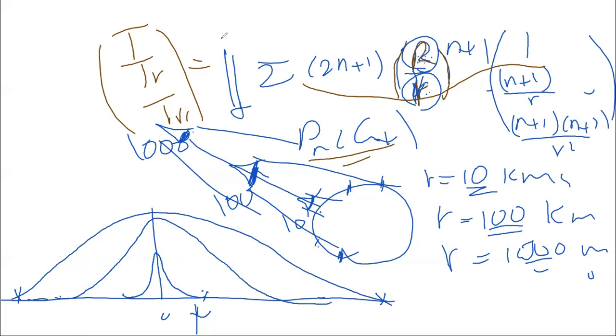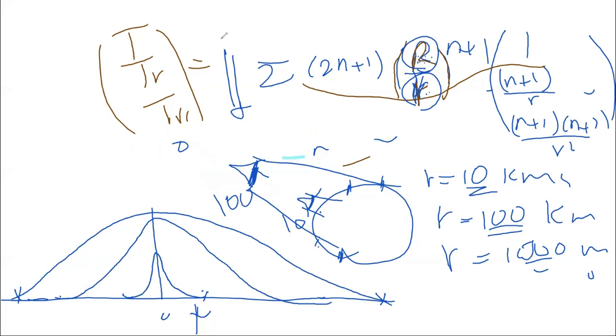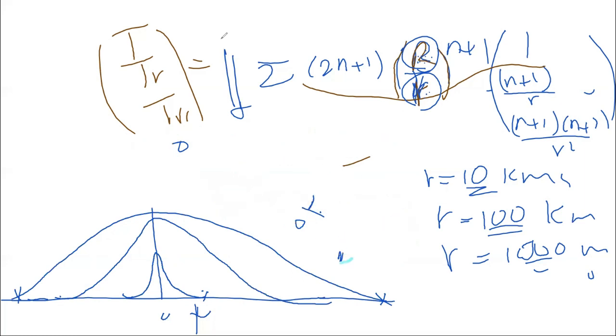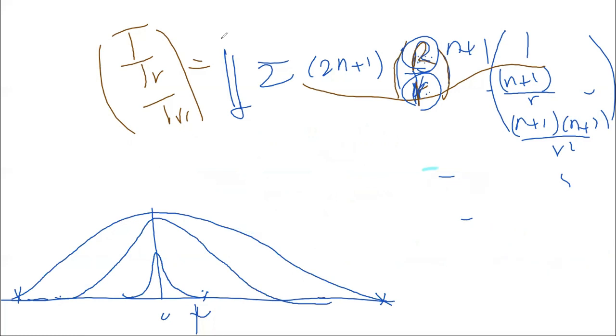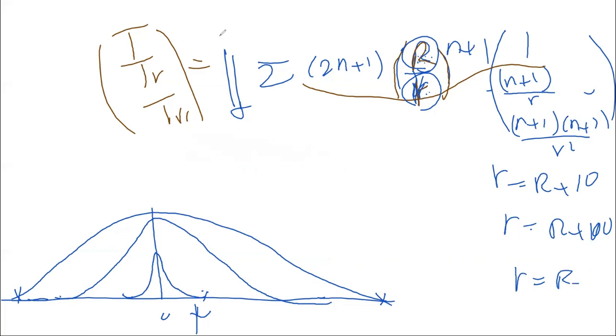Now, let us look at this kernel based on the first derivative. What will happen with the example again, from R plus 10 kilometers, R plus 100 kilometers, R plus 1,000 kilometers.